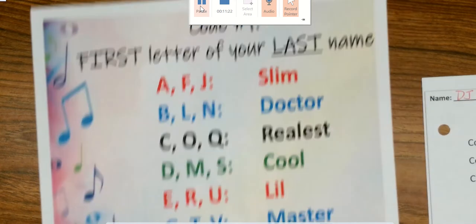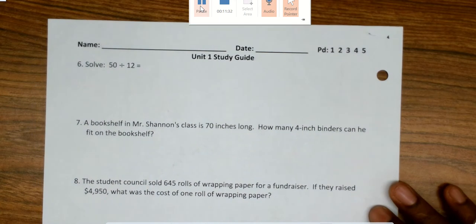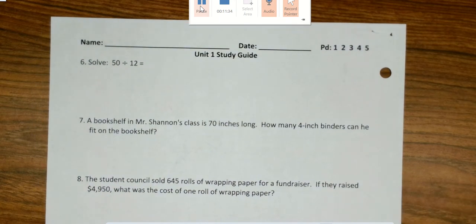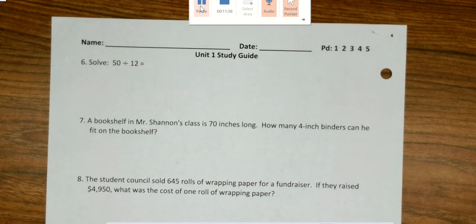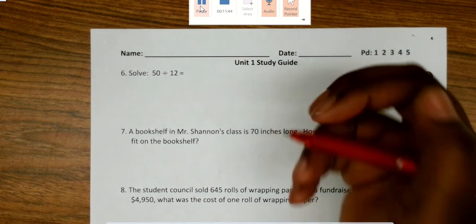All right. So we are going to go back to our study guide. Let's look at number 6. Number 6 is 50 divided by 12. So this is not a decimal one. This is just asking us for basic long division. So let's go ahead and set up our problem.